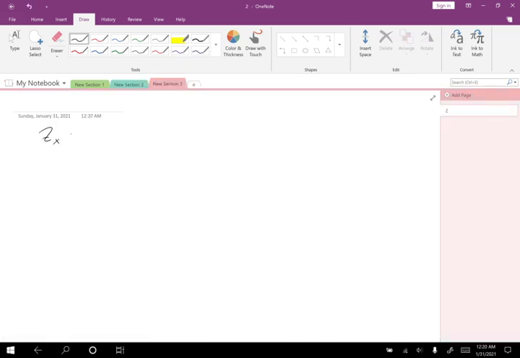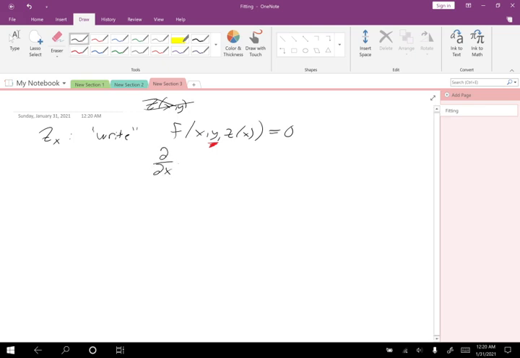For the zx case, I put this in quotation marks because this is not valid. z is really a function of x and y, but I'm just ignoring this to simplify things. I'm going to write f of x, y, z of x equals 0, and underline the variable that I ignore. Now I will differentiate in x.